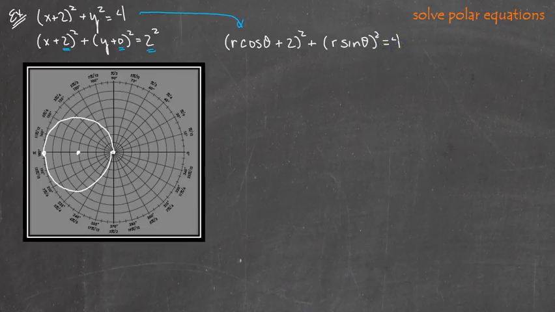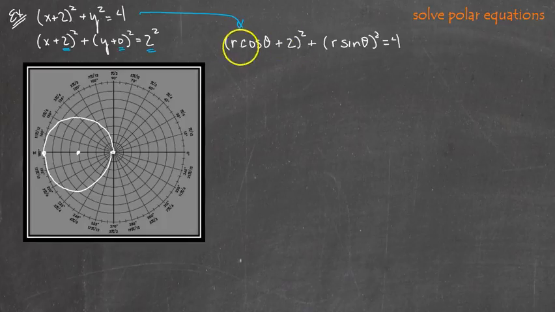Now, I'm going to resist the urge. I've already determined that the radius equals 2, and so I kind of want to plug a 2 in for my r's, but that's not going to help because I want my final equation to be r equals something. If I fill in a 2 for my r's, I don't have any r's for the final equation. So I'm just going to have to do the algebra.